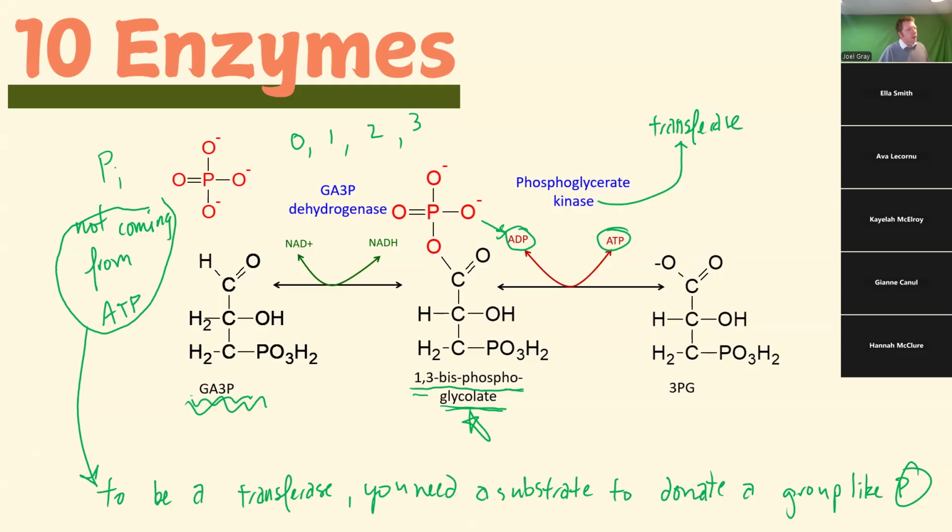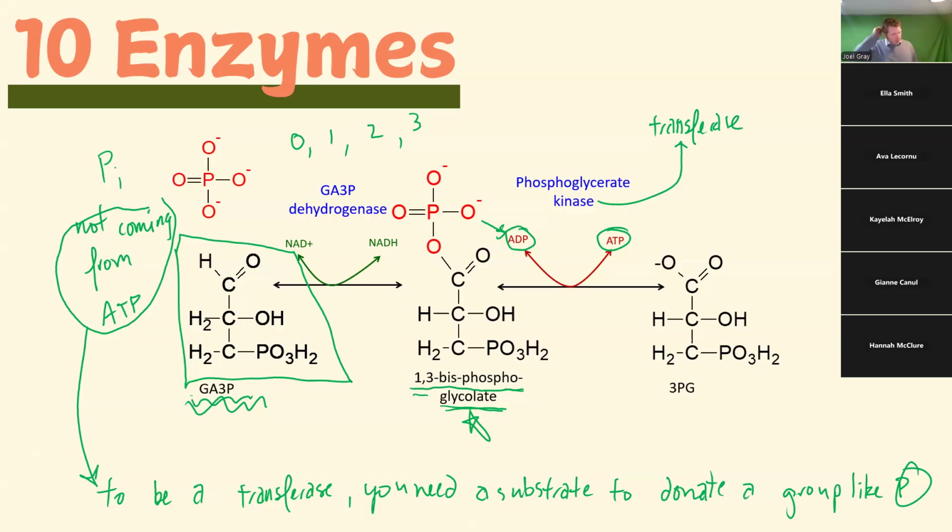My question was, how many of these molecules are we working with dating back to whenever we started with our 6 carbons from glucose? Ella, spot on. We have 2 of these. Could everyone give me a 9 in the chat if that makes sense, and where that number is coming from.